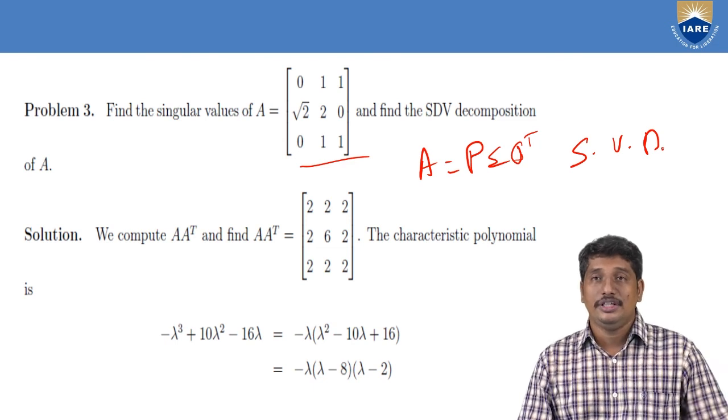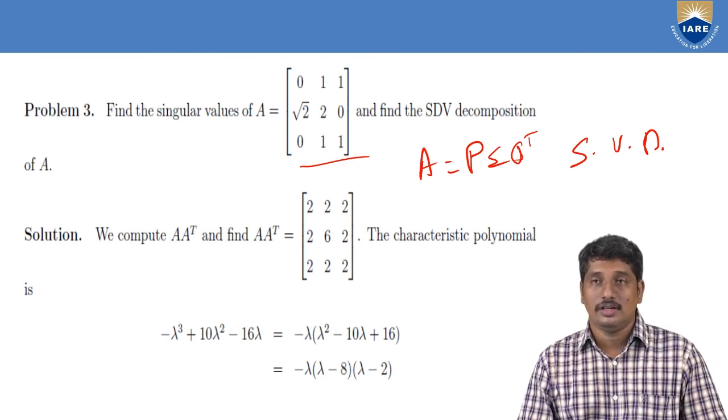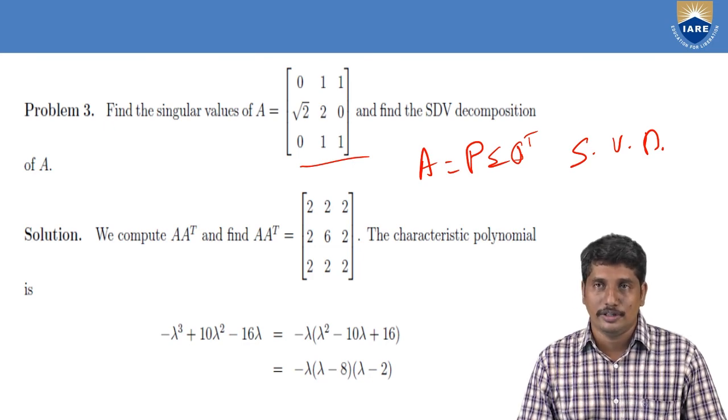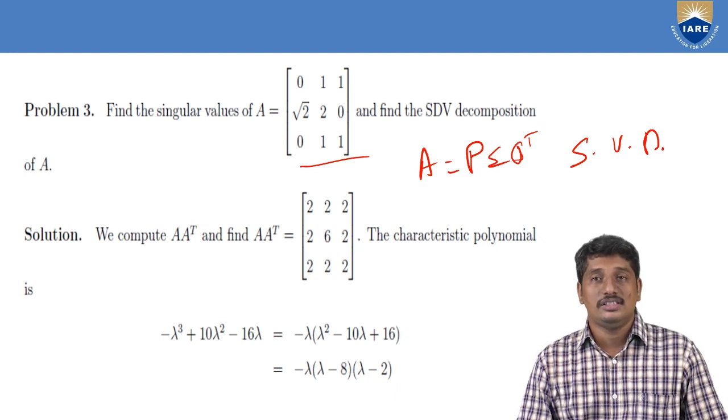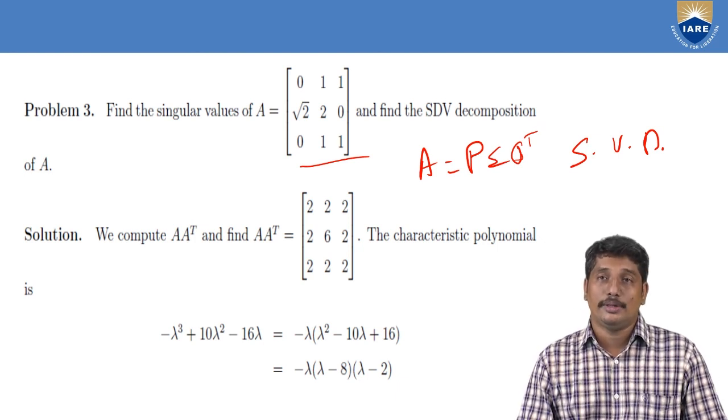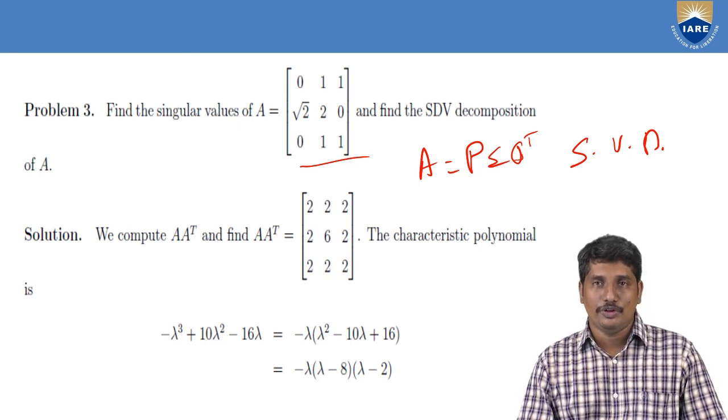So with this, we conclude this lecture, and I hope we understood the process of calculating the singular value decomposition for 3 by 3 matrices. In the next class, we'll see how to find the pseudo inverse by using singular value decomposition for a given matrix. Thanks for your patience listening, and we'll meet in the next class.